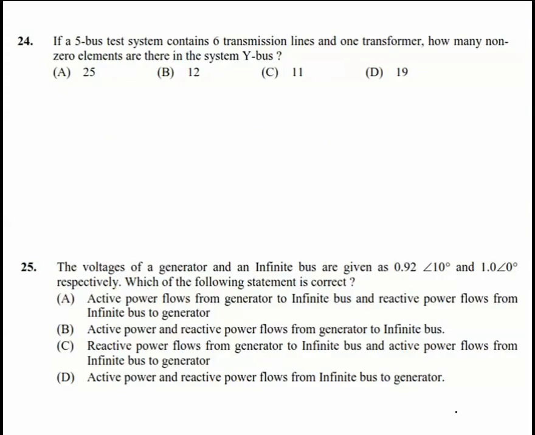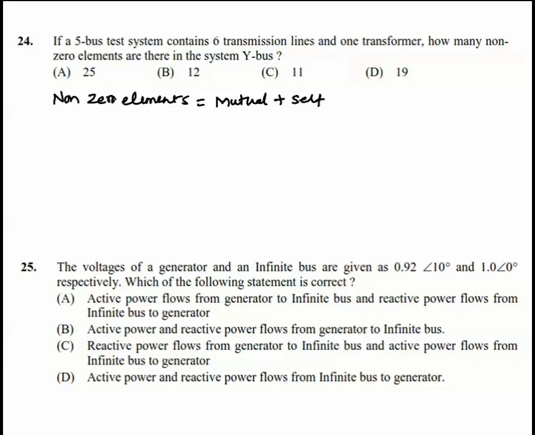The next question is, if a 5-bus test system contains 6 transmission lines and 1 transformer, how many non-zero elements are there in the Y-bus matrix? The number of non-zero elements is the sum of mutual elements plus self elements.